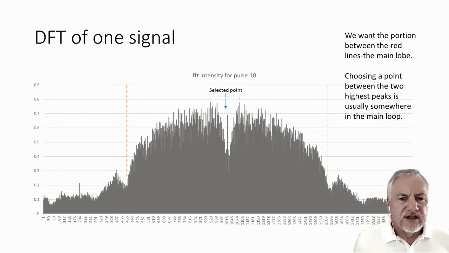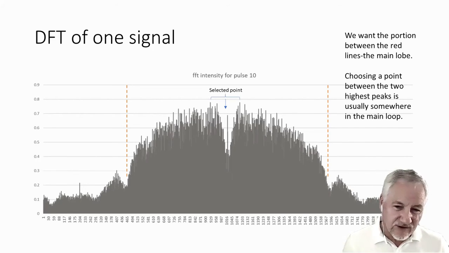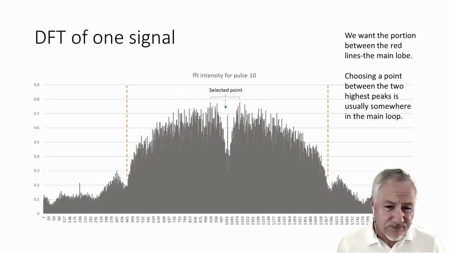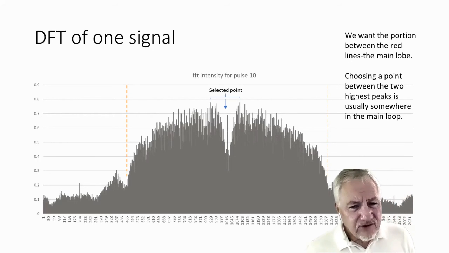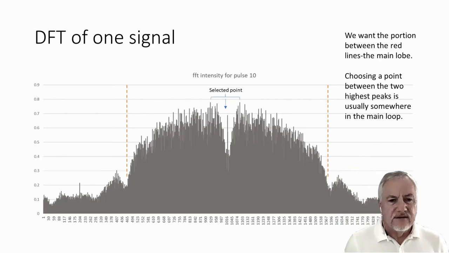We select a point, and I'm going to begin by suggesting, let's just take the top two peaks, because there isn't a peak in the center. It actually dips, right? So we'll just take the top two highest points and select a point that's halfway in between.